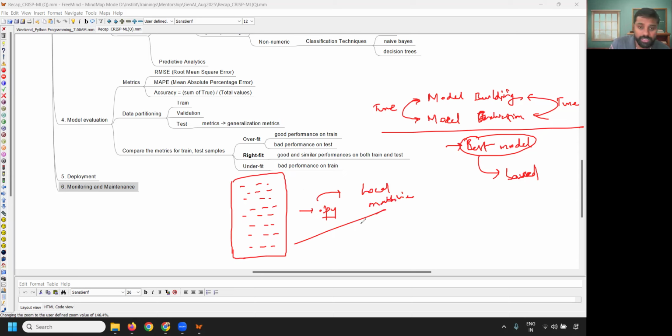But ultimately, the solution has to sit in the client's infra, in the production environment. So I'll have to save the best model and give that best model to be executed in the customer's infrastructure.